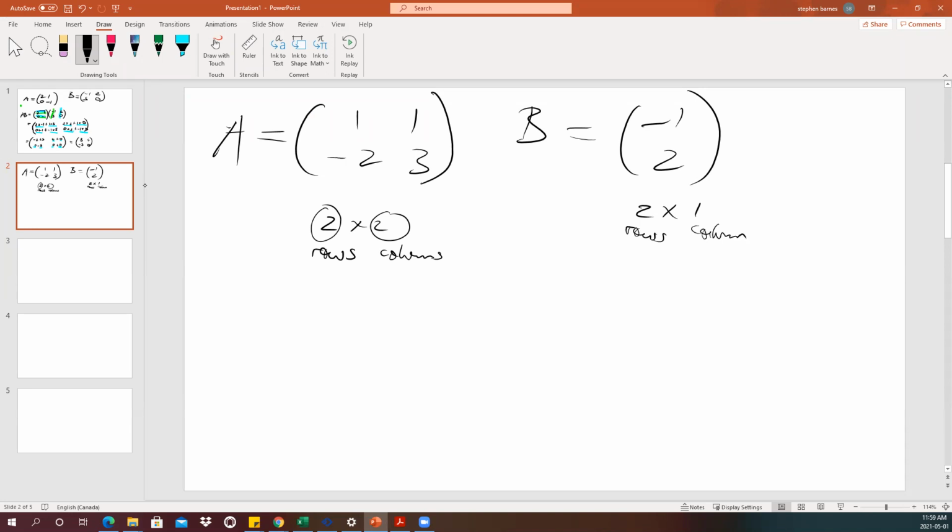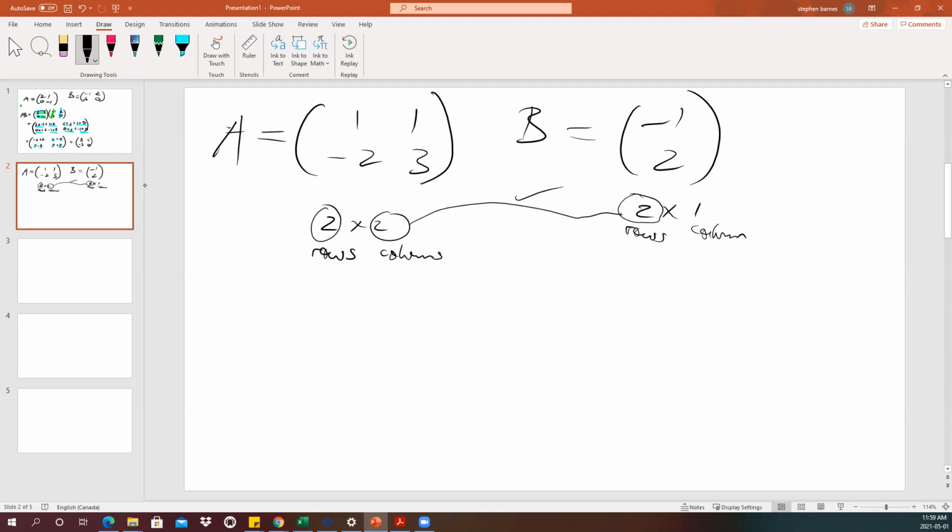So to test for compatibility, that it can actually be multiplied, you need the number of columns of matrix A to be the same as the number of rows of matrix B. Once that is the case, we can tick that off, that's good. And beforehand, we can know what the resulting matrix will look like. It will have 2 rows and 1 column.